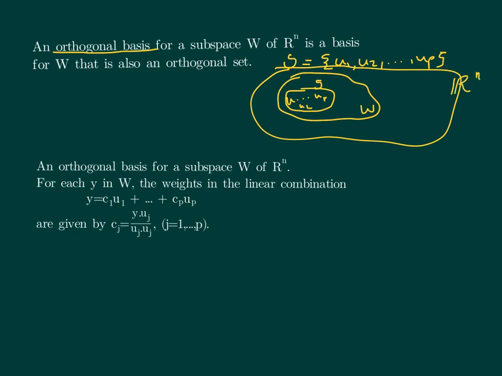So these are n-dimensional vectors, but we have p of them that form a basis if they're orthogonal.